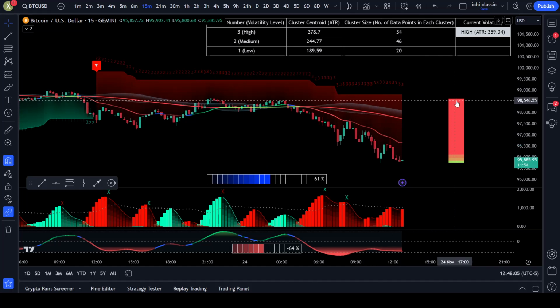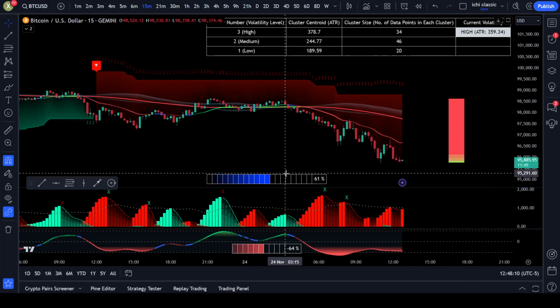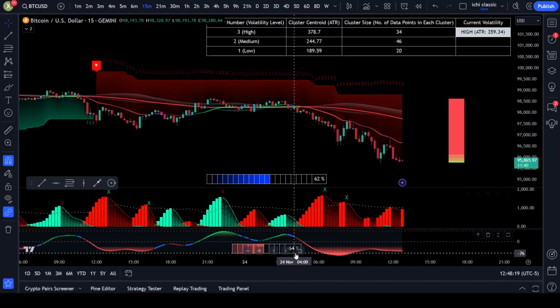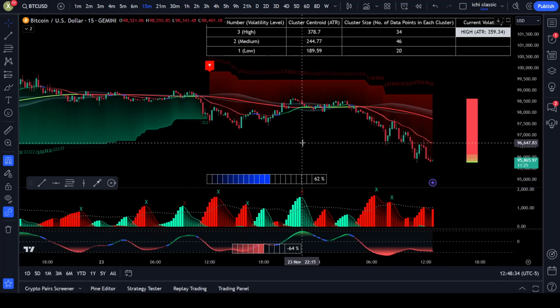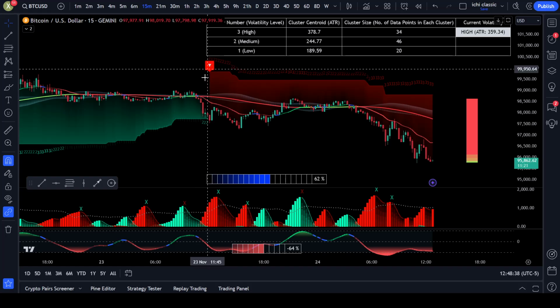Here it just shows the trend is bearish, and here it tells you that the trend is 61% still bullish, and then the trend is minus 64% bearish. So all these current conditions are not really entry level. So this indicator will give you the signal to sell.